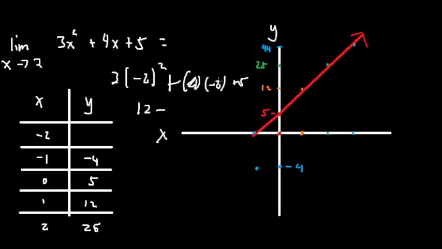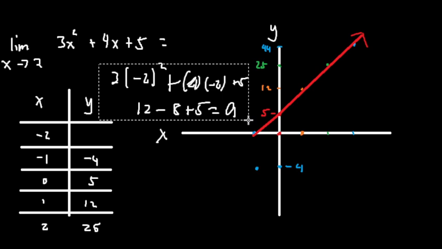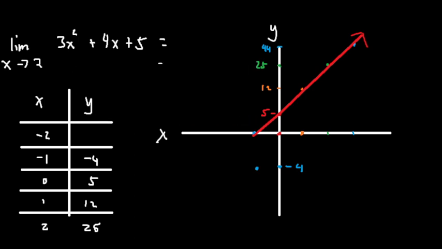Bakit 4? 4 times negative 2 it's negative 8. Hindi 4, 8. Plus 5. So 12 minus 8 it's just 4 plus 5 is equal to 9. So if x is equal to negative 2, ang ating y is 9. Is equal to 9.